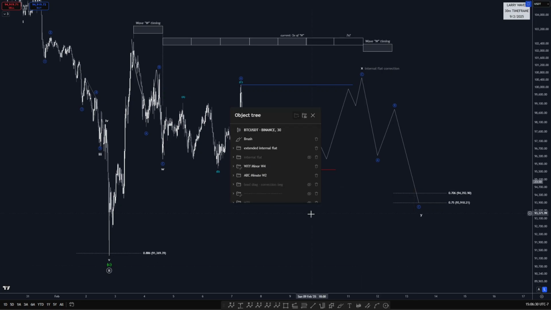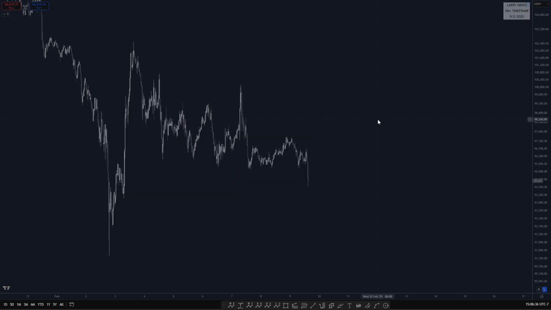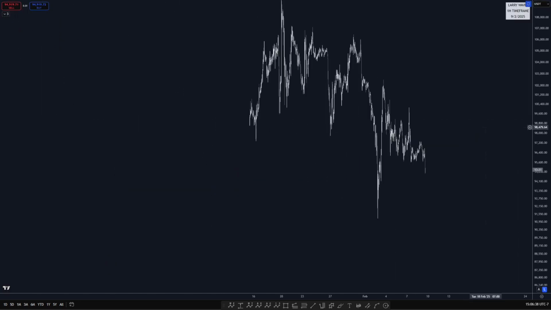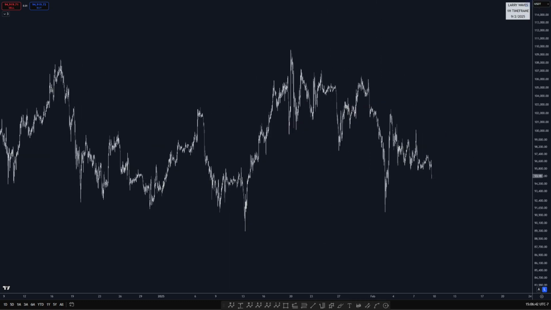Now, alternatively, I'm going to zoom back out here for just a moment. There is a potential that we're discussing that this is the top, meaning that's actually the fifth of the fifth of the fifth.